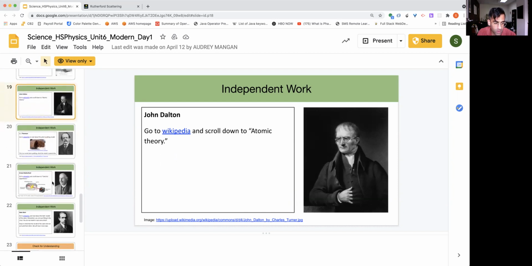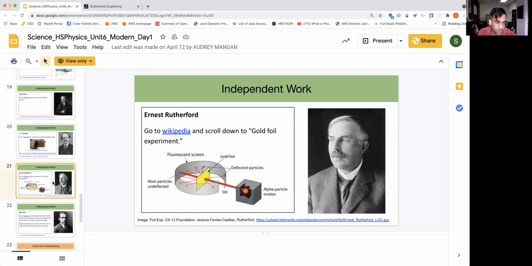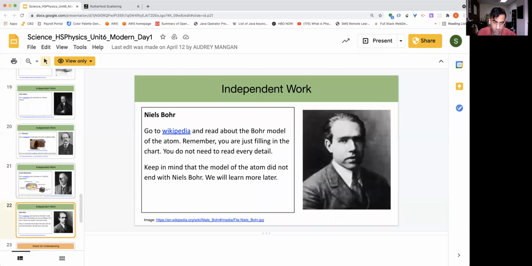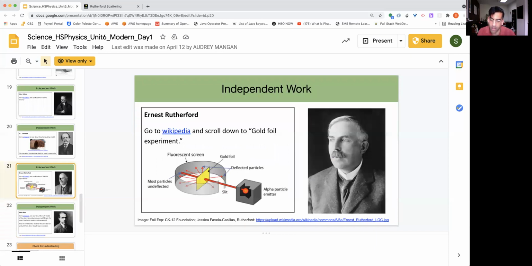What we're interested in today are the contributions of two scientists much farther down the road, specifically Ernest Rutherford and Niels Bohr. And what we want to look at first is the gold foil experiment, because this is where we start to develop an experimental outcome that helps us arrive at the model of the atom that we end up using today.